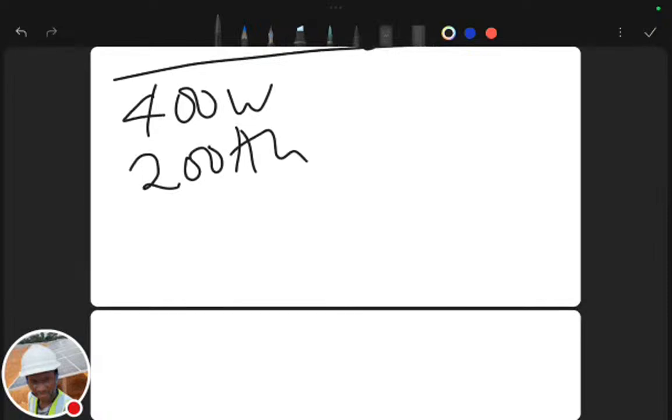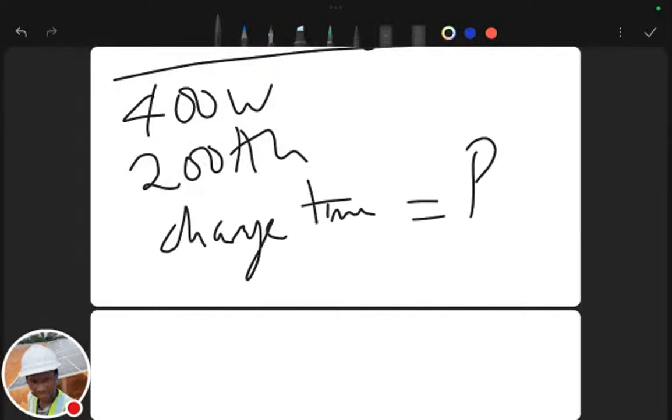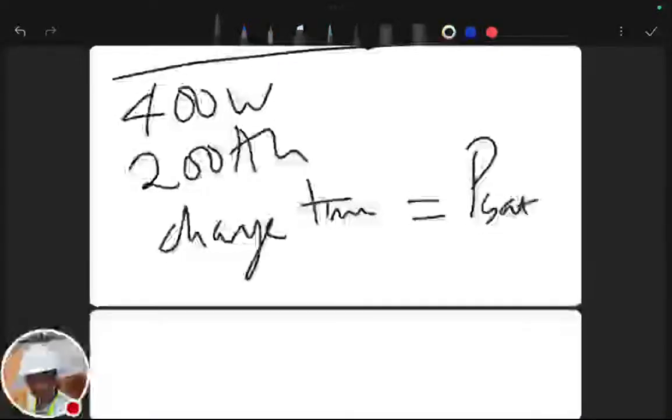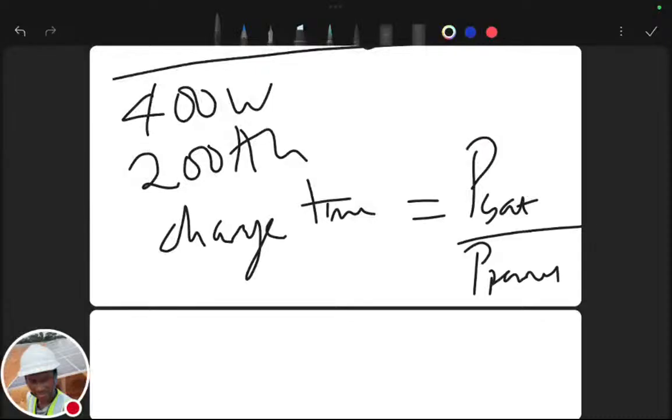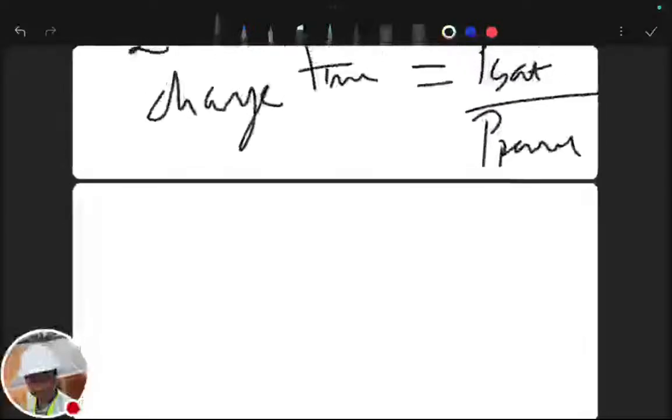Let's quickly do that. For calculating charge time, you calculate the P bat and you divide it by the P panel. However, in this calculation, you don't consider efficiency for the battery part.